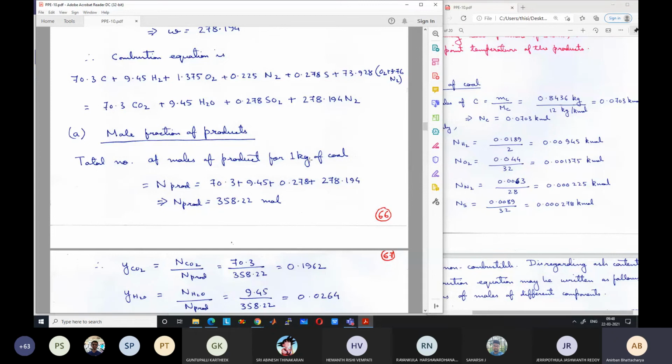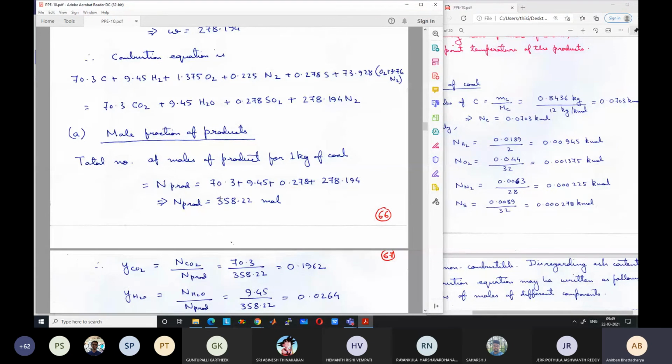We have ignored the ash content. Remember we are doing the entire calculation based on 1 kg of coal. We could have done it for 1 mole of coal, but you don't know the mass of 1 mole of coal directly. Anyway, for 1 kg of coal, the number of moles of product is 358.22.